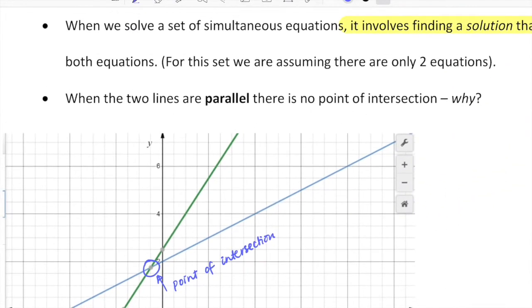Now let's say the green line represents profit for a company and the blue line represents cost or expenses. Then you can see that at the point of intersection, this is what we call our break-even point.